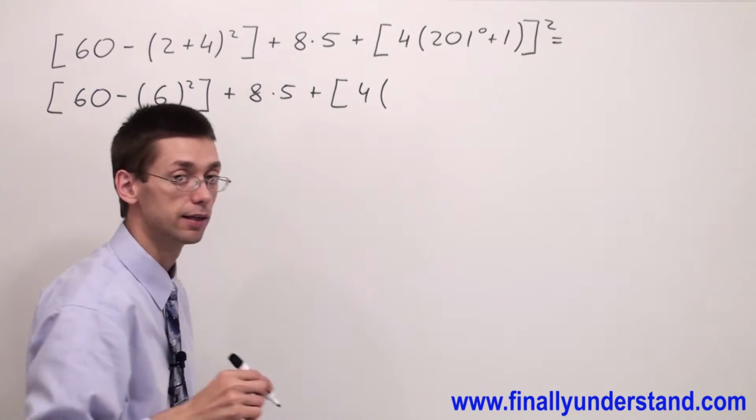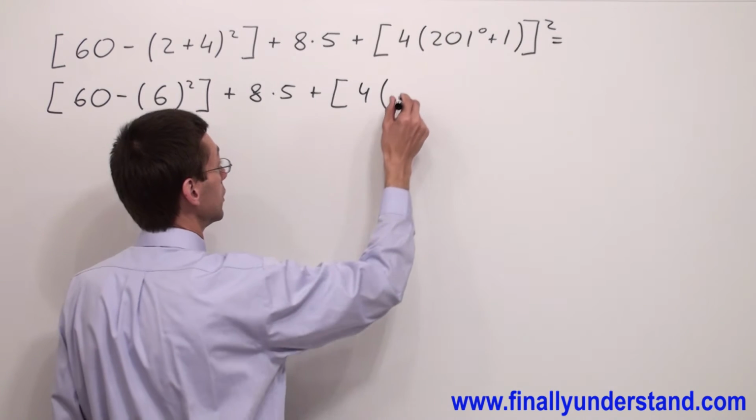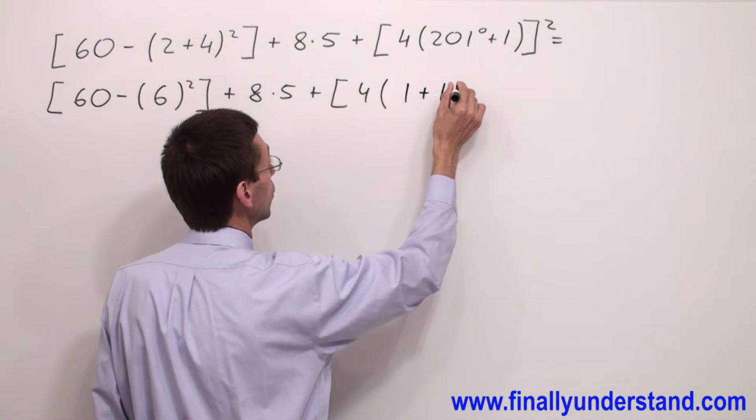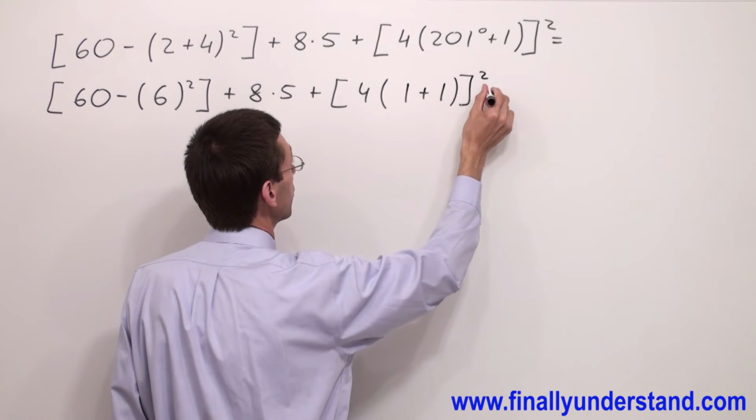We said that any number besides 0 raised to power 0 is equal to 1. That's why this is equal to 1 plus 1, close the bracket, and everything is raised to the second power.